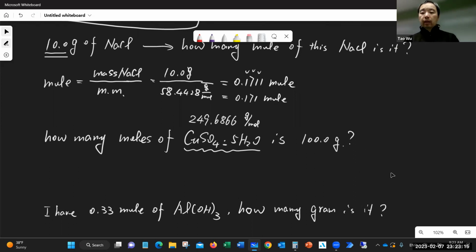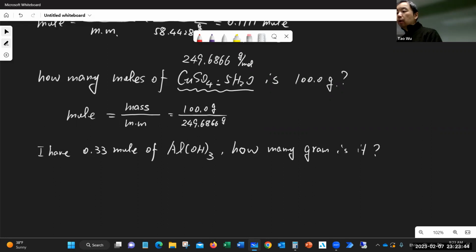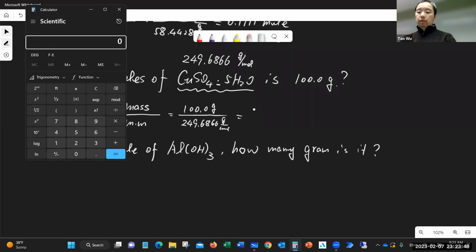And to figure out the mole, the mole will be equal to the mass of the copper sulfate pentahydrate divided by its molar mass. So we have 100.0 gram of this, divided by the molar mass, which is 249.6866 gram per mole.